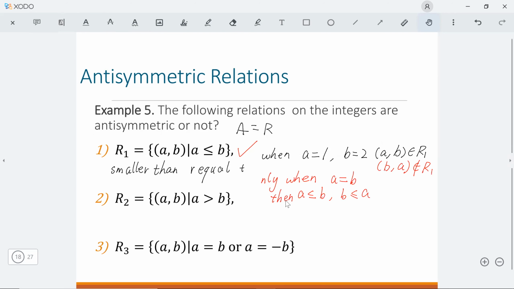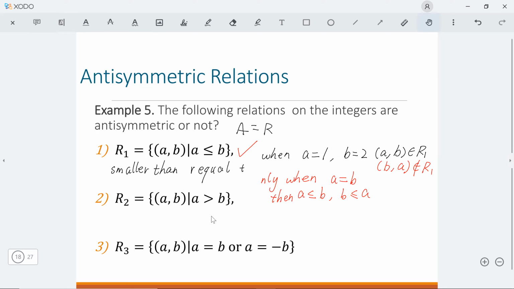So because we can't find any AB in R2 and also BA in R2, the hypothesis is always false.